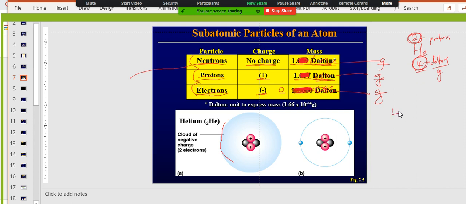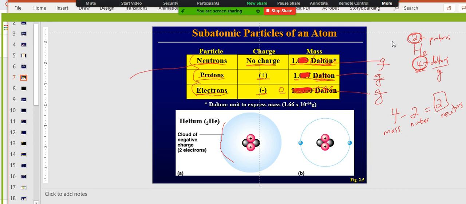So we take 4 minus 2, or the mass minus the number, and that gives us 2. This has to be the number of neutrons, right? Because it has to weigh 4, and the only way to get there without adding protons is adding neutrons.